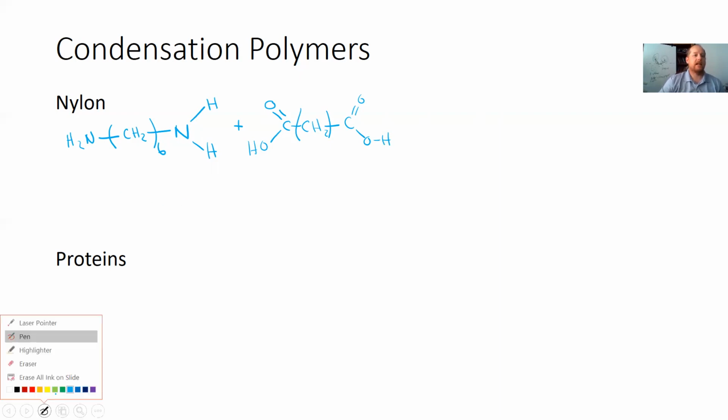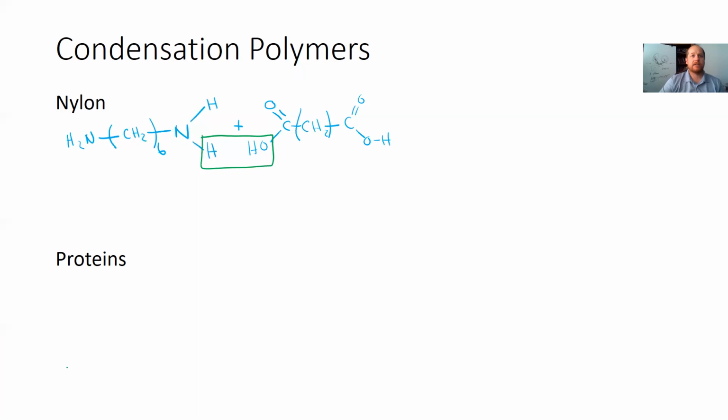When we say they condense, we have a polymer that's formed when water is lost, and it's similar to the ester reaction, but instead of an alcohol, you have an amine. You lose the water molecule there. Try this again. There we go. And you make this polymer. And this reaction can be repeated because these two molecules have the same functional groups on either side. That's why you can make these long chains.